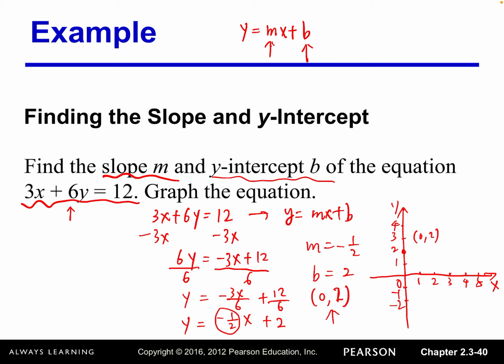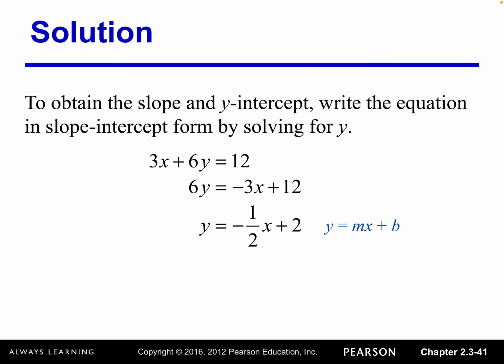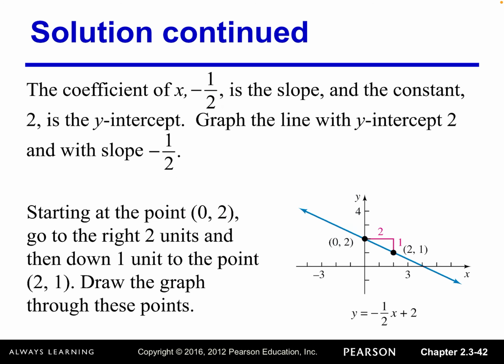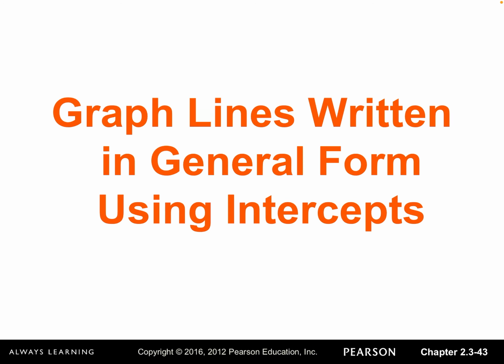And then based on the slope of negative 1/2, we can consider every 1 unit down and then 2 units over to the right, right? So we plot this point, which is (2, 1). And then use a straight line to connect these 2 points. And this is the line for 3x plus 6y equals 12. So that's how the book shows you the process as well.